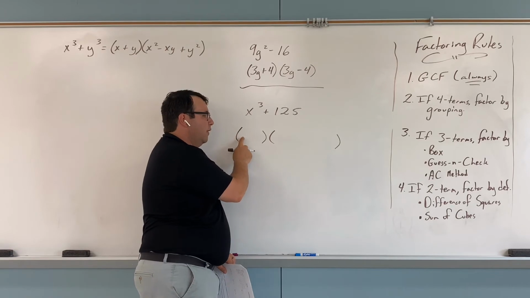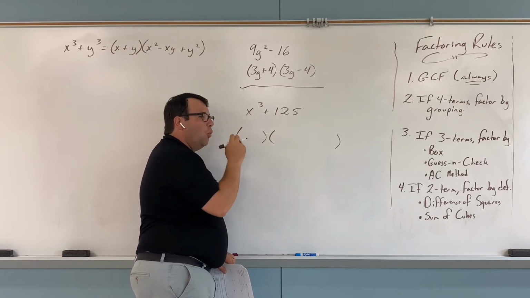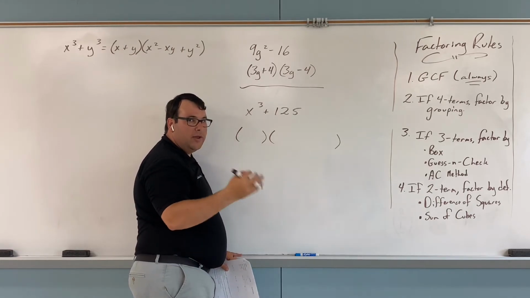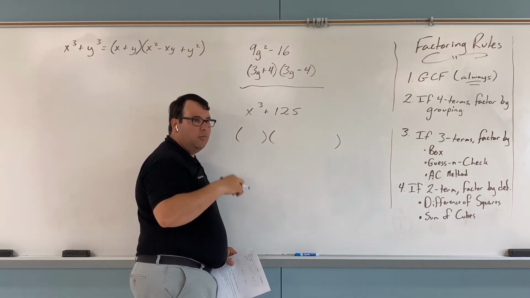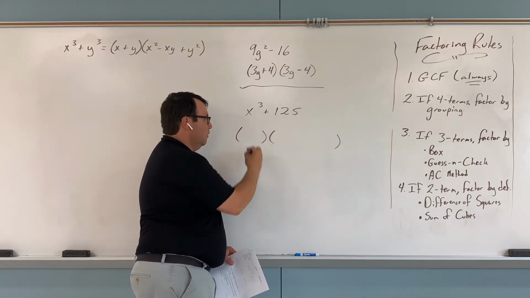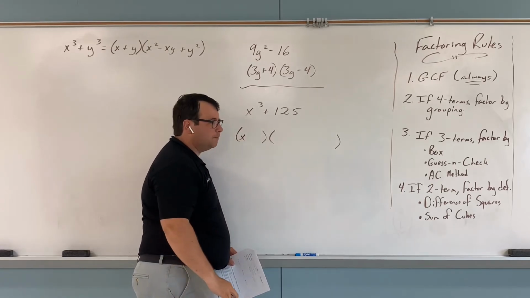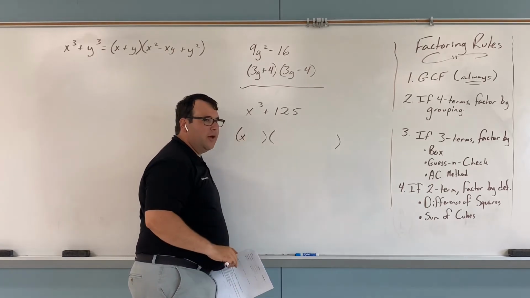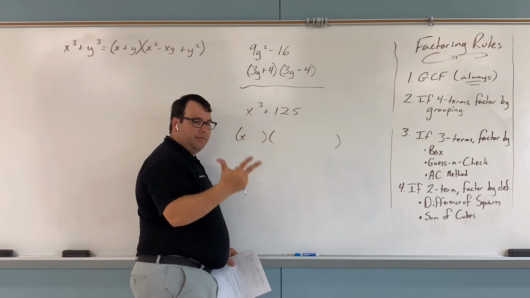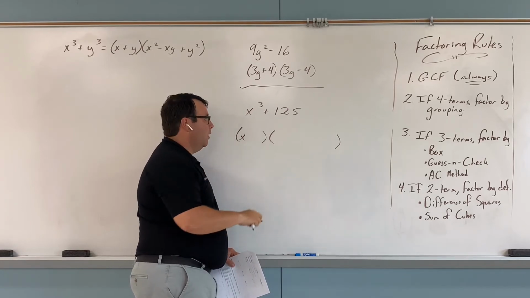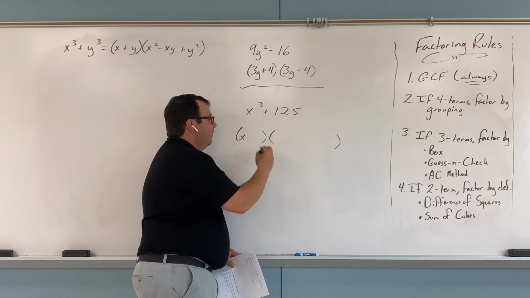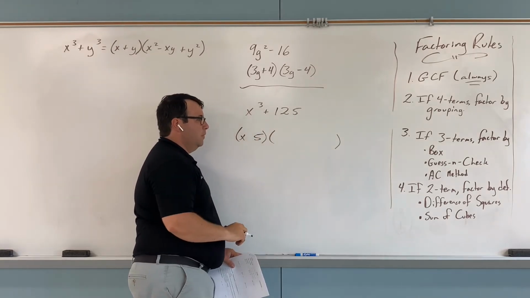Well, ask yourself for the first term, what times itself 3 times gives you this first term? So how do you get x cubed? X times x times x. So that's x. How do you get 125? 5 times 5 times 5. That's 5 times itself 3 times, so that's going to be a 5 right here.